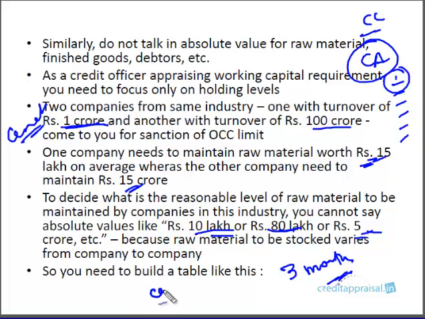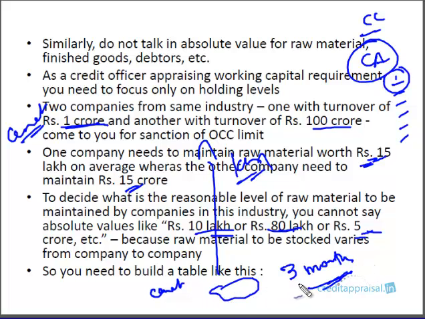You can say for the cement industry in this particular locality, maybe the raw material for this particular region is coming from some other state. It is located so many kilometers away, and there are some transport issues here. So basically you get an idea that 3 months raw material is a reasonable stock to be maintained for cement units operating in this industry.